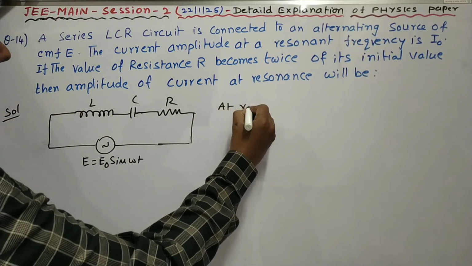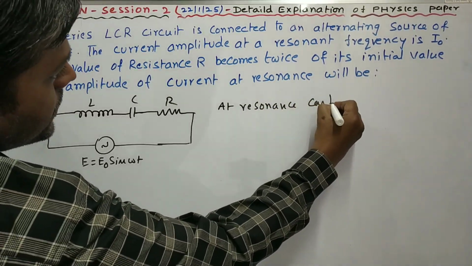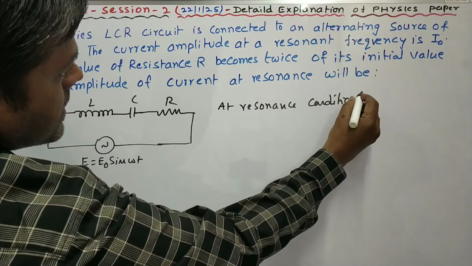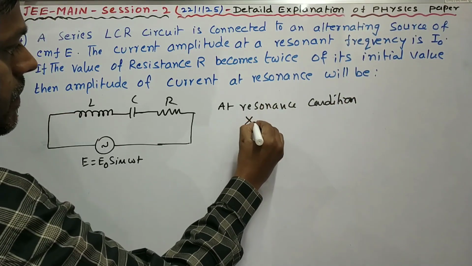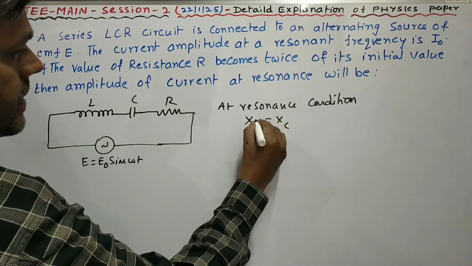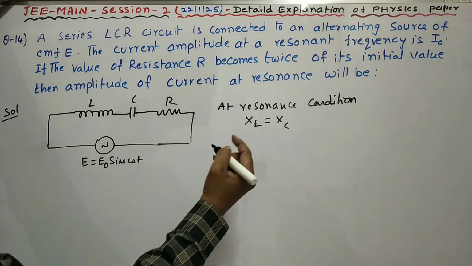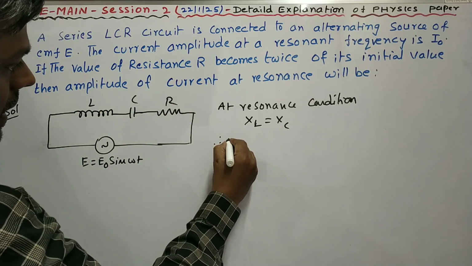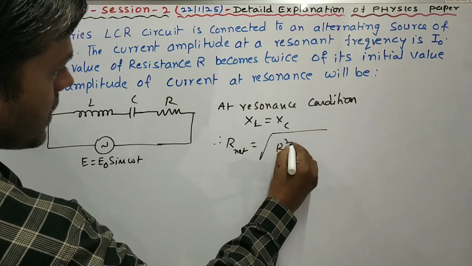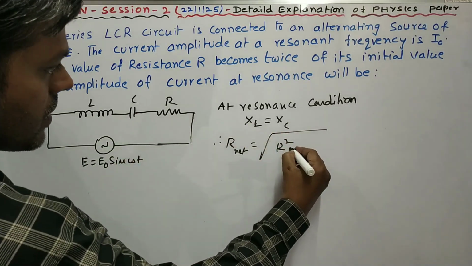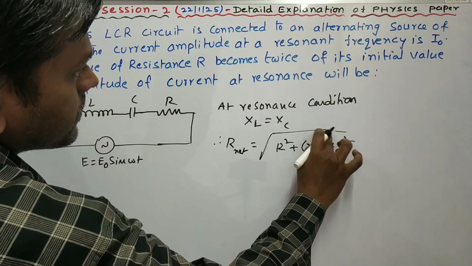So at the resonance condition, what is the condition? XL, the inductor reactance, is equal to XC, the capacitor reactance. Therefore, net impedance is equal to the square root of R square plus (XL minus XC) whole square.